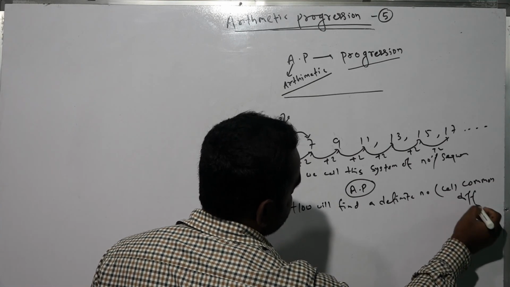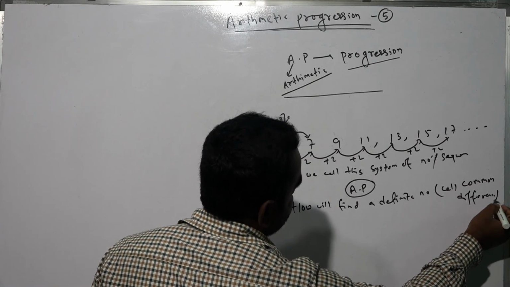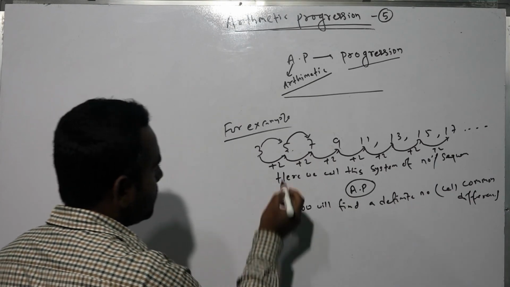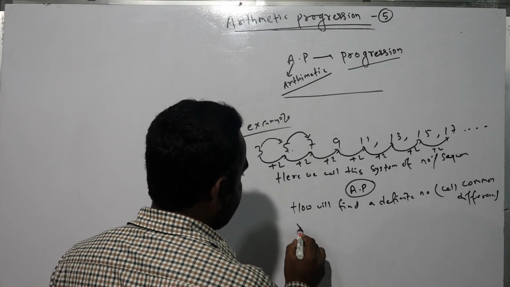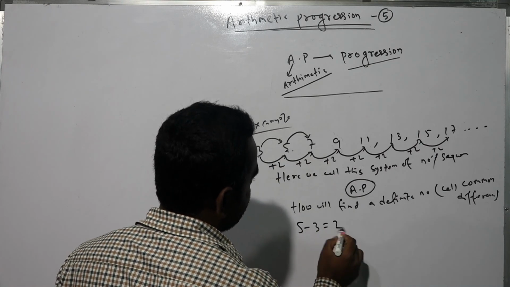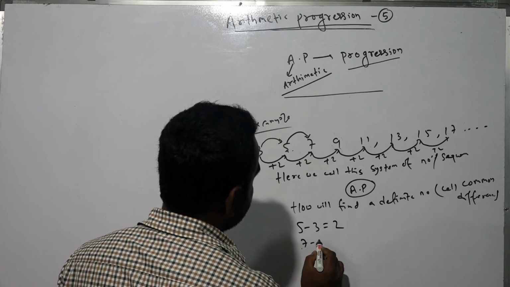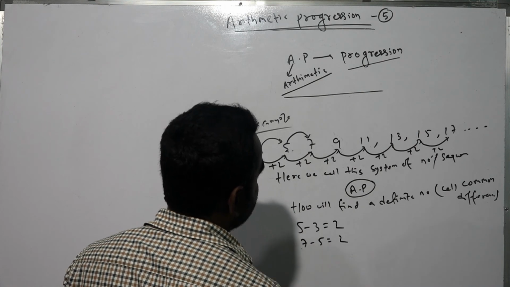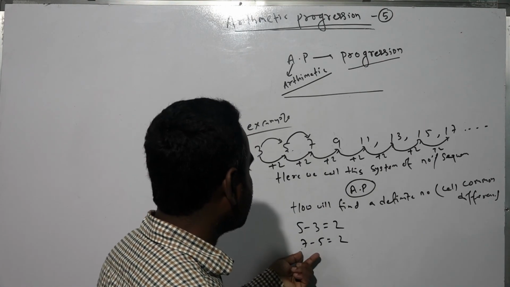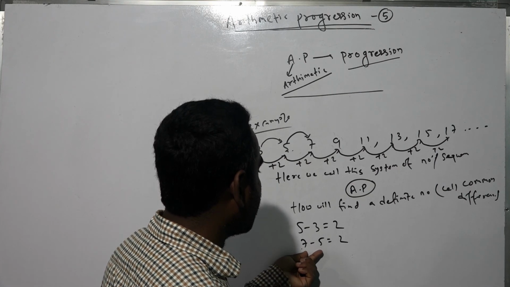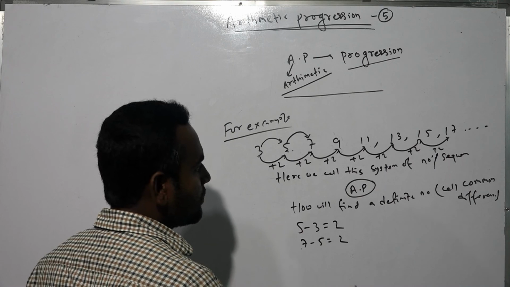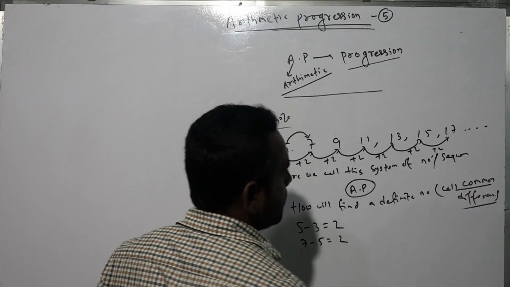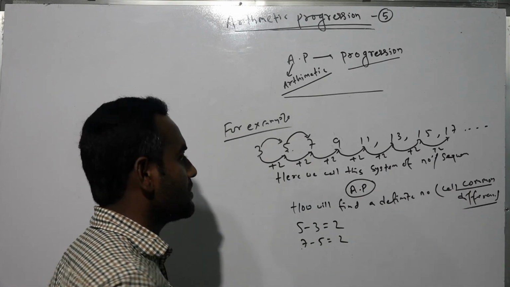Common difference is the difference of two numbers. Here you see that 5 minus 3 equals 2, 7 minus 5 equals 2. For each and every term, we find that 2 is the difference of two consecutive numbers, so it is called the common difference, common to all terms.